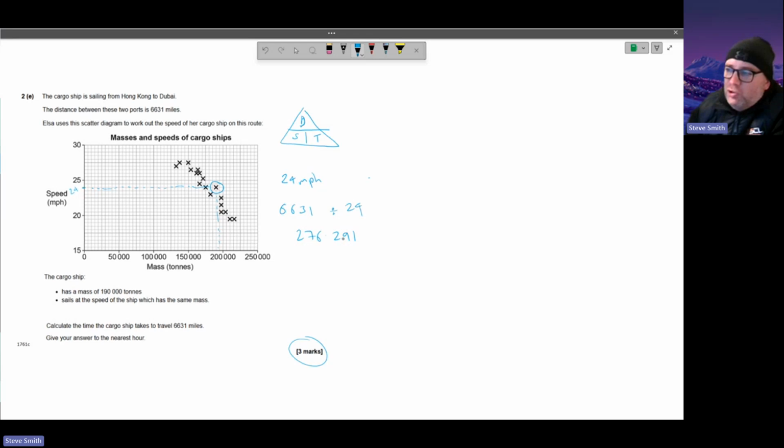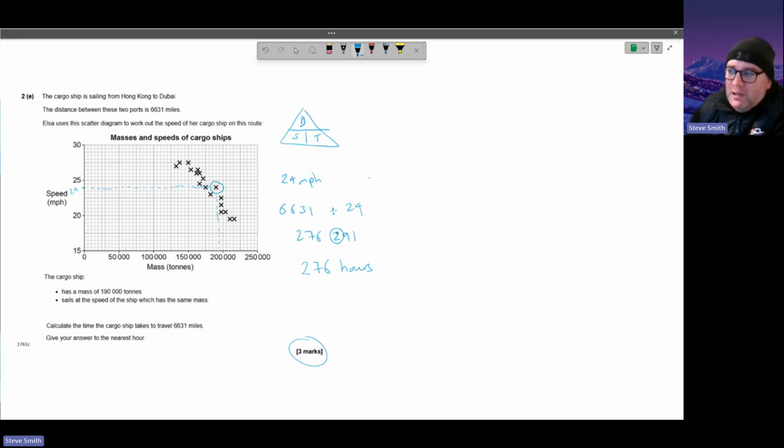If you look at that 0.2, it's not 0.5, is it? Because it's 0.2, we're saying 276 hours to the nearest hour. If you said round up to the nearest hour, we automatically have to round up.